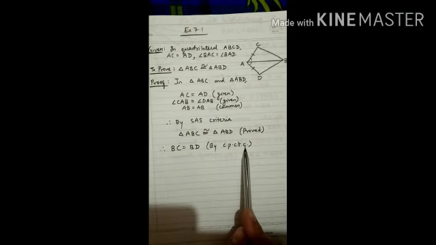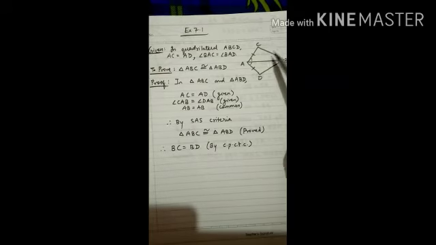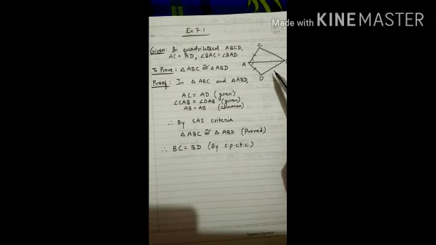Once again, CPCTC means corresponding parts of congruent triangles are congruent. Therefore BC will be equal to side BD. These two sides are not given equal in the question, but they will be equal as the triangles are proved congruent, by using this property.